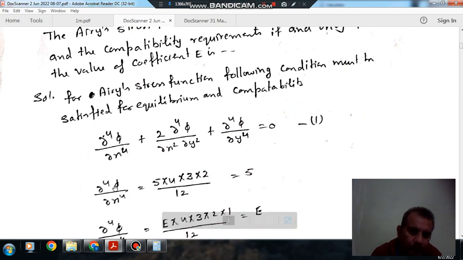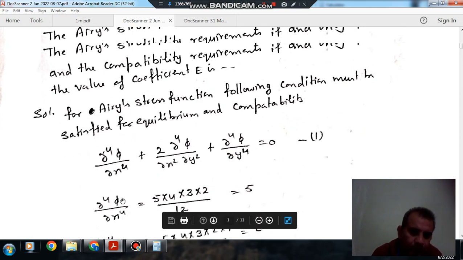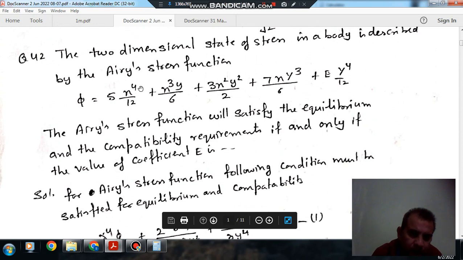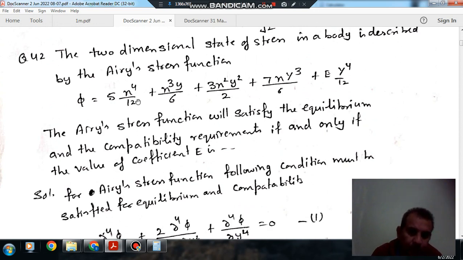So ∂^4 by ∂x^4. If we differentiate it 4 times with respect to x, then the other terms will be 0, because here it is only x cube, and there is no x in the remaining term, so it will also be 0.